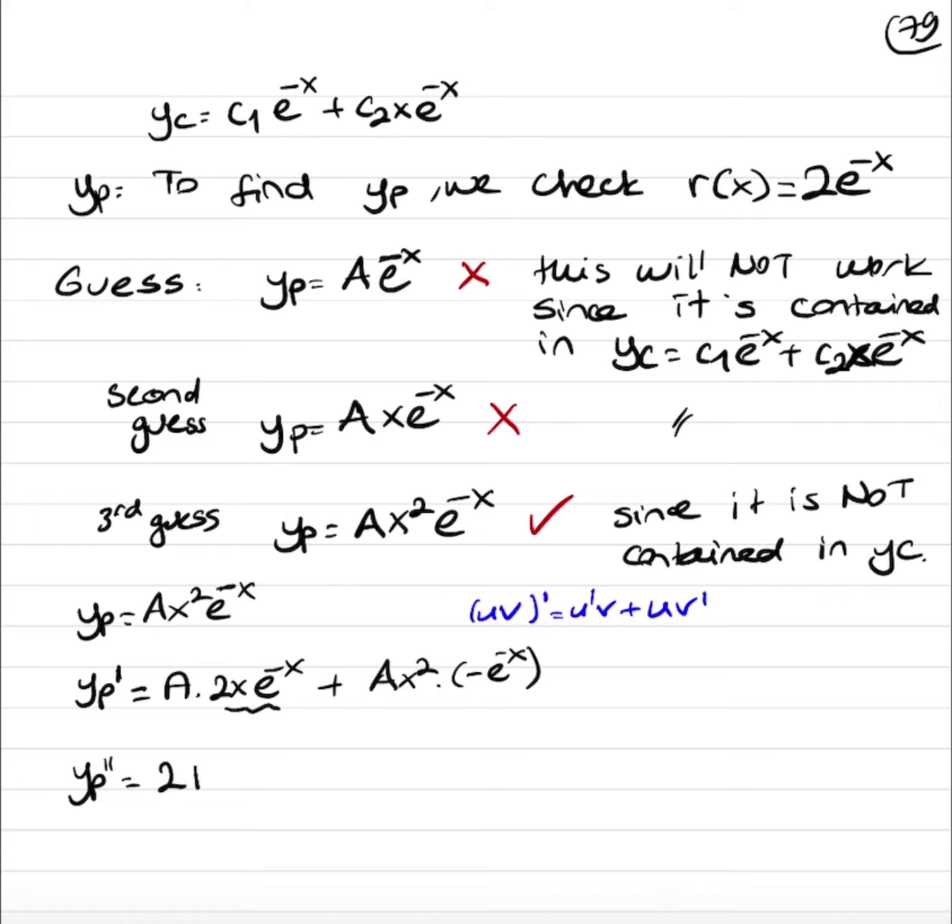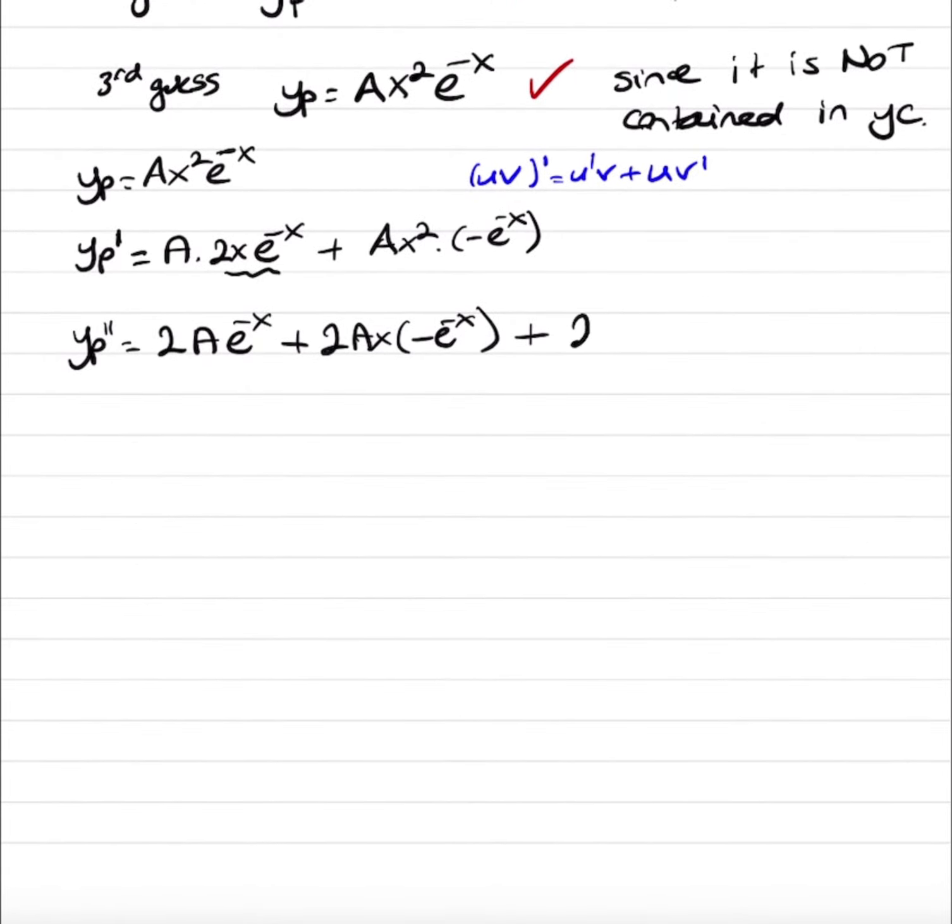The derivative of 2ax is 2a e to the power minus x, plus 2ax times the derivative of e to the power minus x, plus 2ax times minus e to the power minus x, plus ax squared times the derivative of minus e to the power minus x, which is plus e to the power minus x.